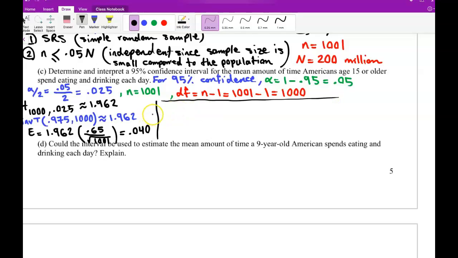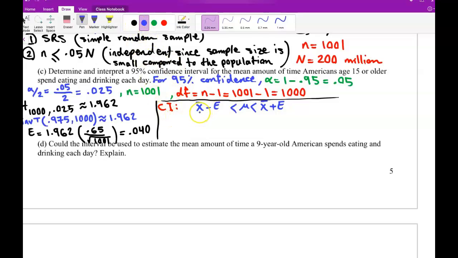Okay, now finding the confidence interval. So X bar minus E, X bar plus E. What you have on the left is the lower bound, and what you have on the right is the upper bound.